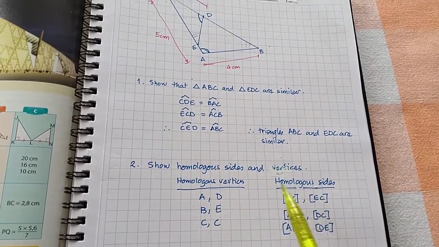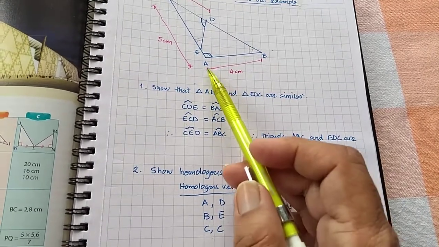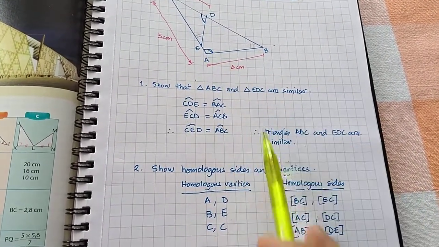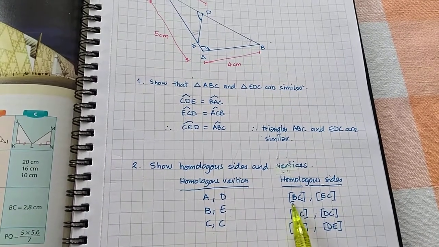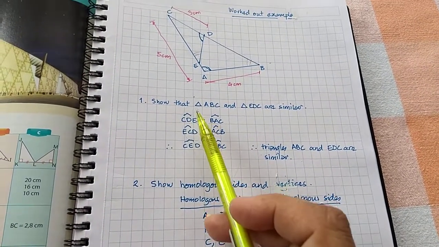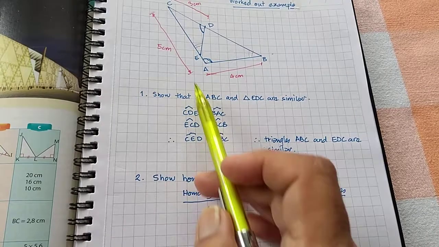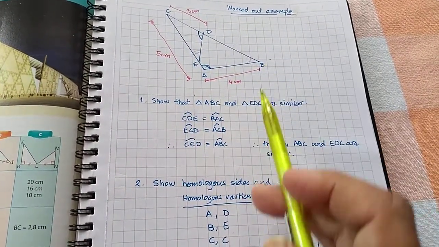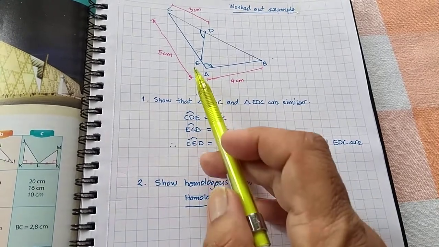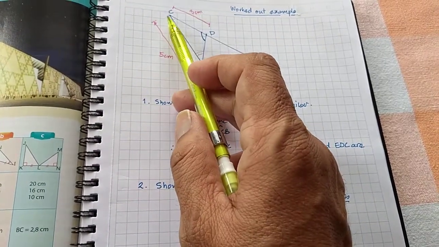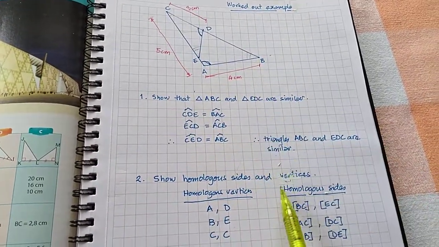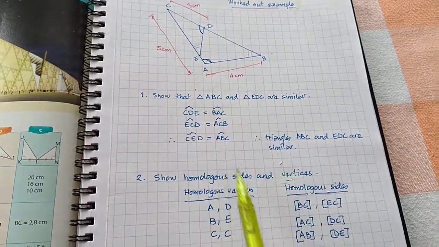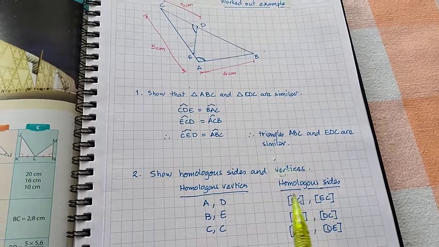Similarly, they ask for homologous sides. Sorry, we'll start with the simpler ones.